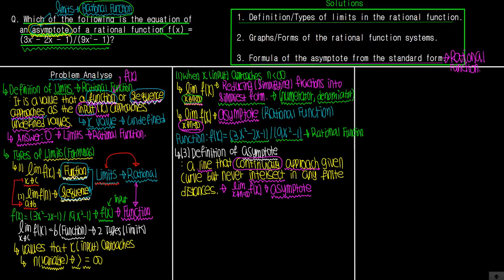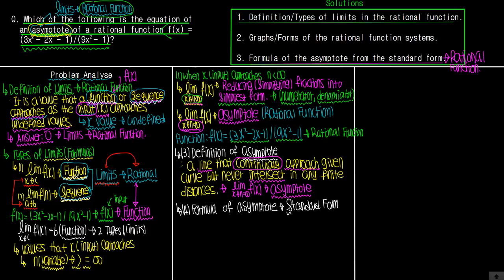So the third thing will be what is the formula of our asymptote in our rational function. Well, for the formula of asymptote, we always need to think about the standard form of our rational function.